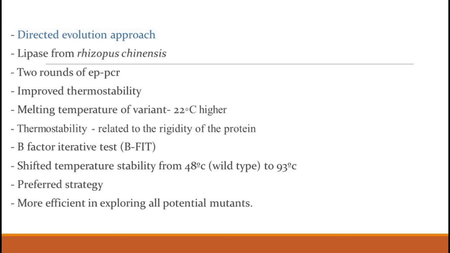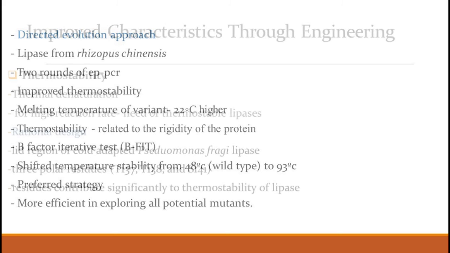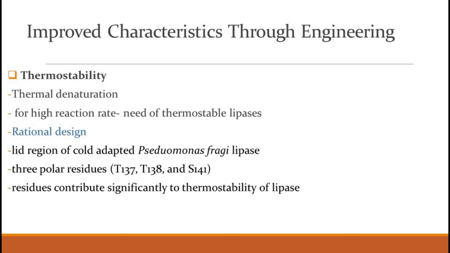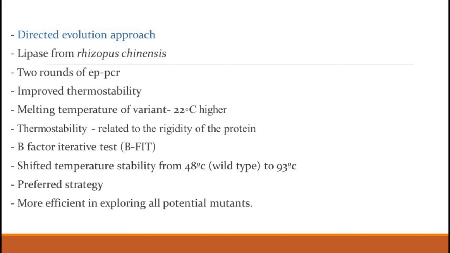Hence, it is a preferred strategy and more efficient than the rational design method, because in rational design we first need to know the whole structure, which is a very tedious process. In directed evolution, even if we do not know the structure, we can directly go for the engineering strategy, and this will give a very good result.